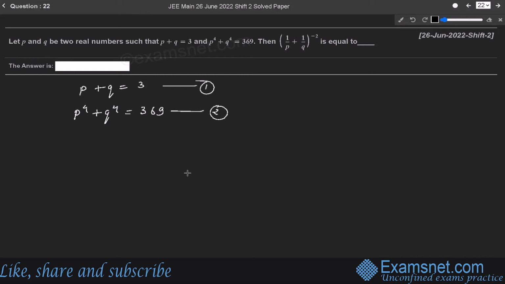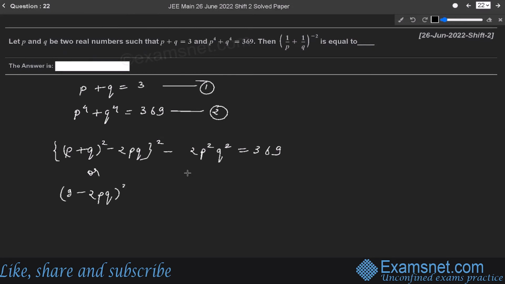So, from both the equations, ((p plus q) whole square minus 2pq) whole square minus 2 into p square into q square is equal to 369, or (9 minus 2pq) whole square minus 2 into (pq) whole square will be equal to 369, or (pq) whole square minus 18pq minus 144 is equal to 0.